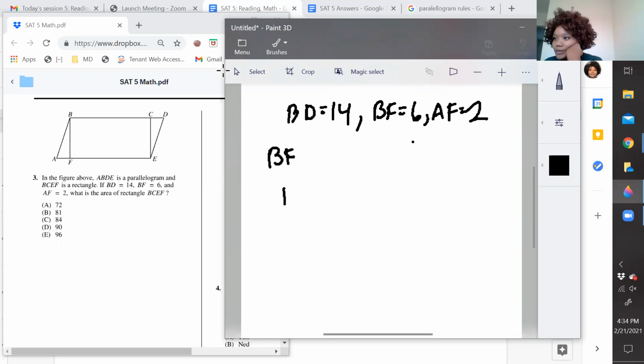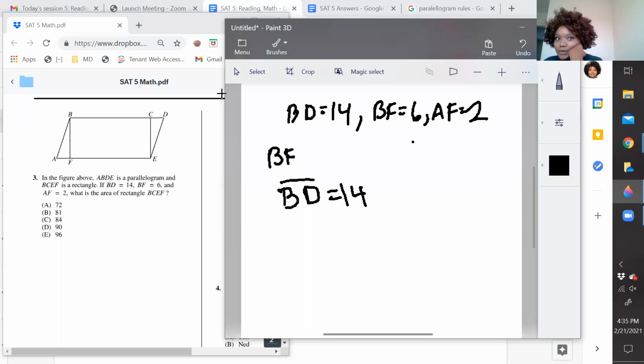So okay, let's see. In the question it says that BD, that means this right here, from B to D, the numerical value is 14. It gives us these different numerical values. That's how Miriam gave us these numbers. So we're trying to find the area of rectangle BCEF.